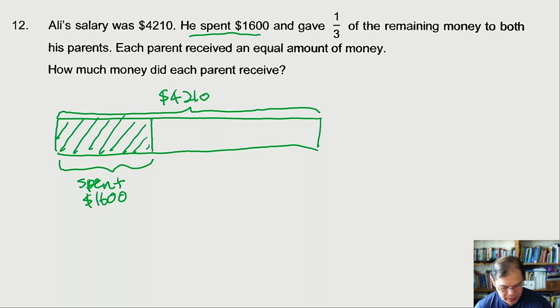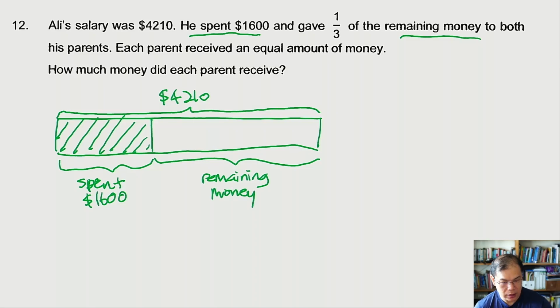Now, and gave 1/3 of the remaining money. So whatever is not spent must be the remaining money. So this must be the remaining money, and it needs to be 1/3 of it. That means I cut this leftover into 3 equal parts, right?